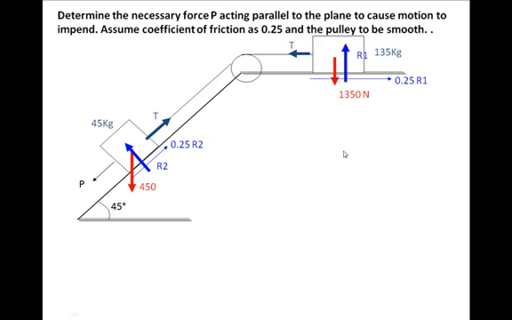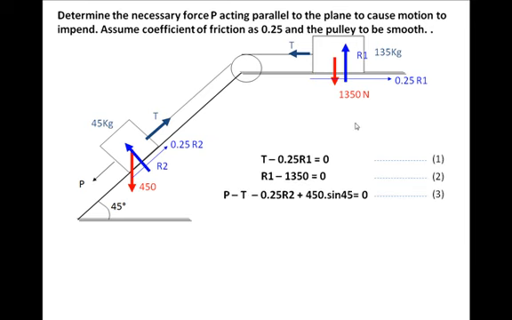Then in this case, all you have to do is write sigma Fx and sigma Fy for each of them. So I write for this one T minus 0.25 R1 is 0 and R1 minus 1350 is 0, telling me the values of R1 and T. But before that, let's write this equation.